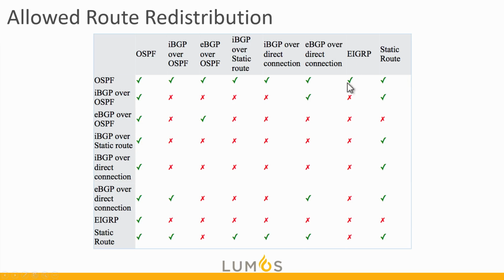We can from EIGRP to OSPF, and like I said, OSPF can really do anything. Static routes have the next most flexibility. The only thing we can't take is a static route that we created and redistribute that to eBGP over OSPF, but we can do it to a direct connection, and we also can't take a static route and redistribute that through EIGRP. So there are some limitations.